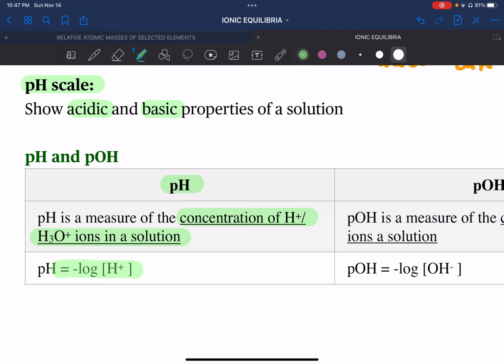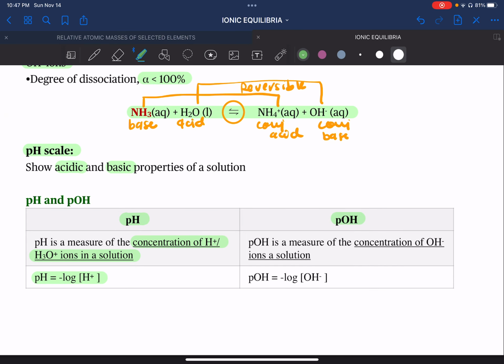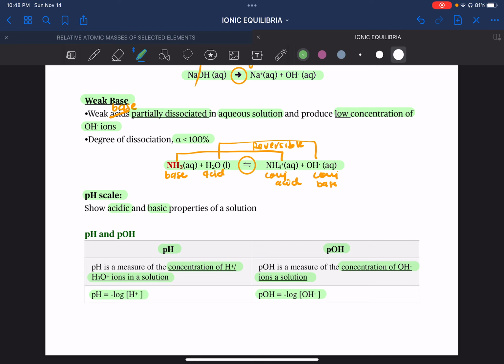So the formula is pH equals to negative log concentration of H plus. Okay, pOH. Okay, pOH bagi tahu kita how much concentration of OH minus in the solution. And the formula is pOH equals to negative log OH minus.